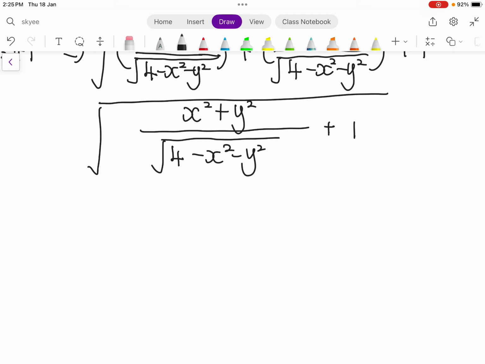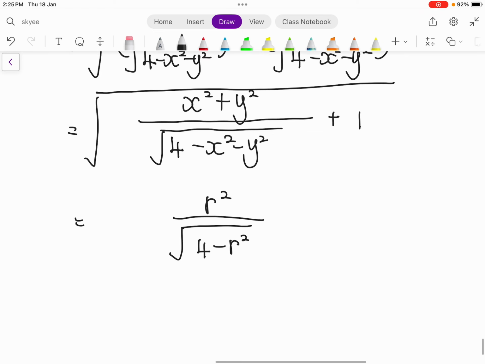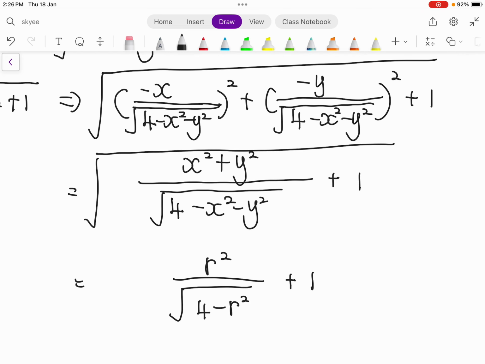You can convert it, so it will become r squared over 4 minus r squared, plus 1.